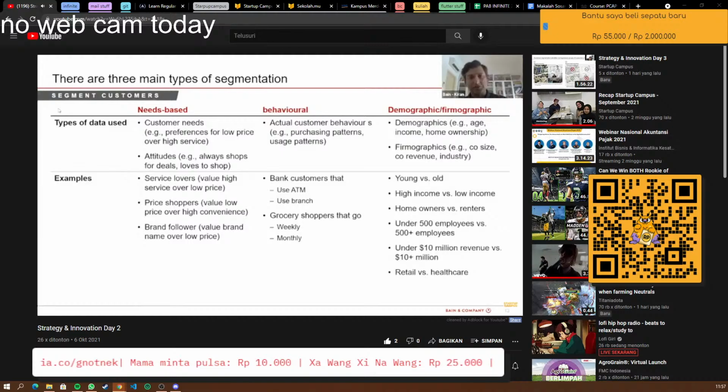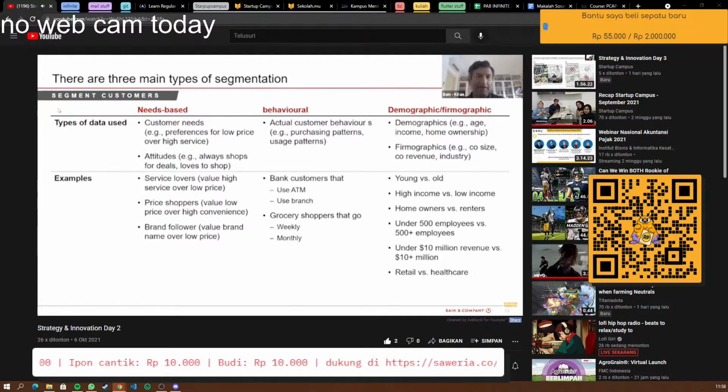The 3 most common, there are many ways to segment a customer, by the way, right? These are not the only 3. You can do psychographics-based segmentation. You can do pure usage-based segmentation. There's many ways to do it. Today, I will talk about the 3 most common forms of segmentation that I use.